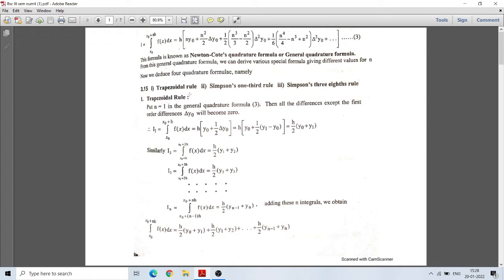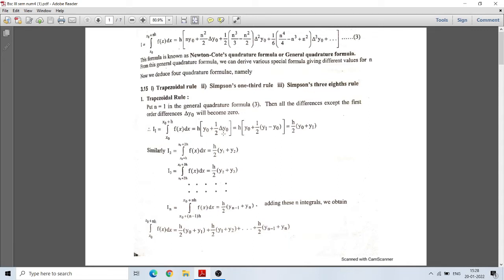Wherever there is n in the equation, we substitute 1, and we get h times y naught plus 1 by 2 delta y naught. We consider only two terms. We studied already delta y naught.